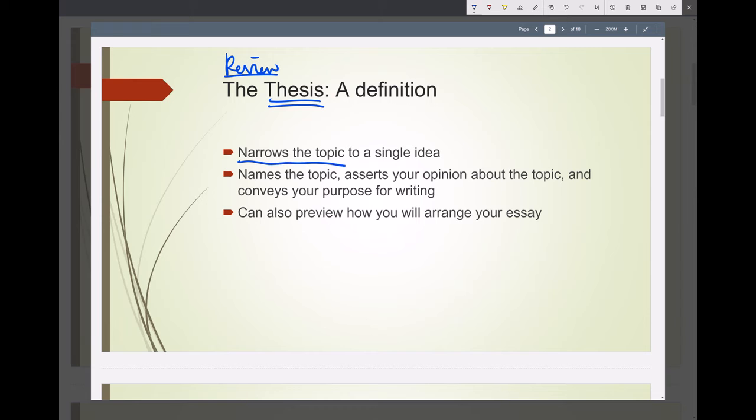It helps you narrow the topic, so this is your research topic, which you have chosen and shown me in your week 3 discussion, and I have given you some questions to help you narrow it down to a single idea, which is a research question that you would answer plus your answer.